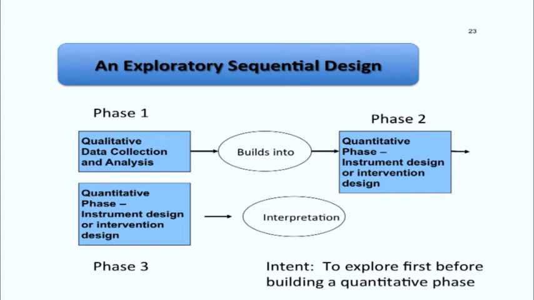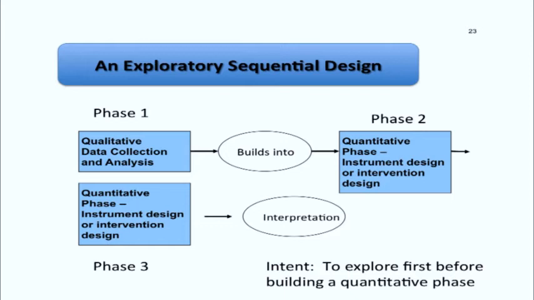So you can see now we've moved from a convergent design, which is a single phase, to an explanatory design, which is two-phase, to now an exploratory design, which is three-phase. So we're building into a more rigorous type of mixed methods project here.